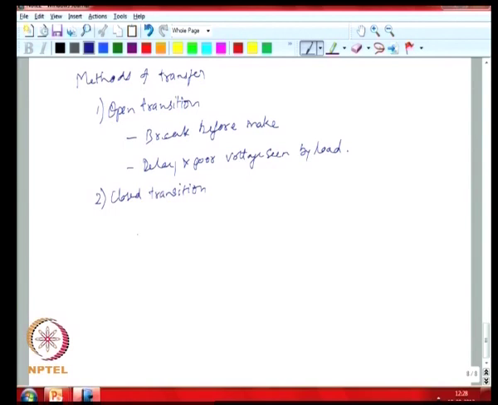So, here this is make before break, and here if the voltage of the sources are not well matched, then there is a possibility for surge currents between your two sources. So, the closed transition will not work under all situations, or you might end up tripping a breaker or some other switch. Okay.